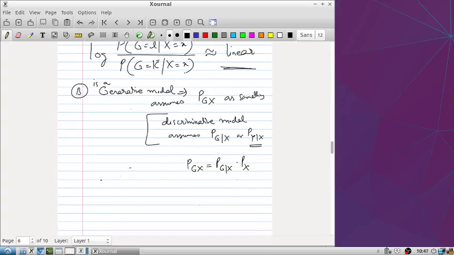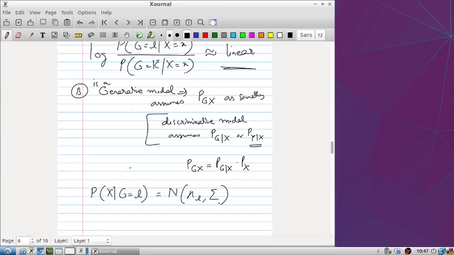It's going to be as follows. It's going to assume that the probability of X given G equal to, let's say, the lth class, is equal to a normal distribution with a mean mu L and variance sigma.